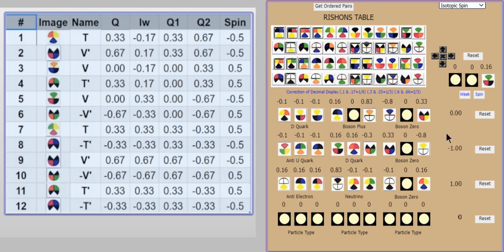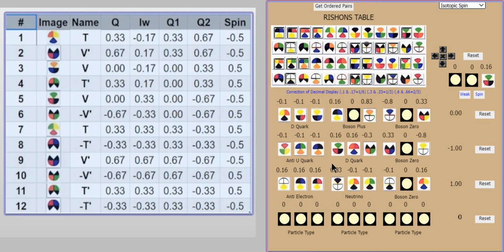But if we look at the weakly interacting massive bosons, they also give us the opposite, minus 1/2 and minus 1/2. So the minus 1 isotopic spin of these weakly interacting massive particles cancels the plus 1 isotopic spin of the anti-electron and the neutrino.